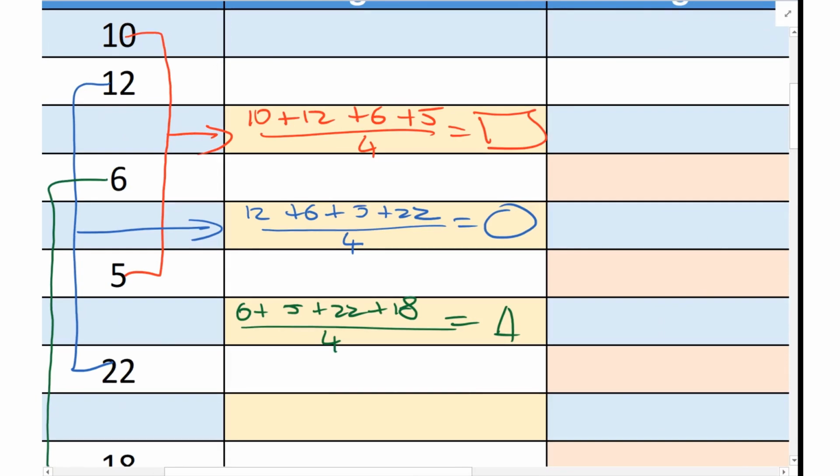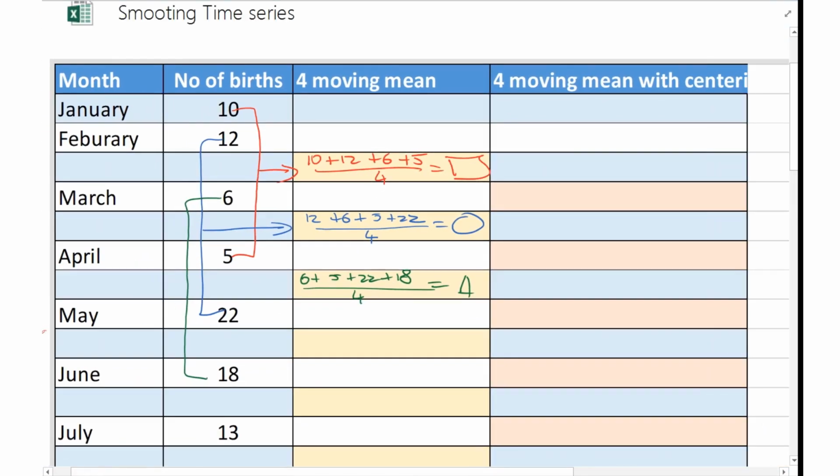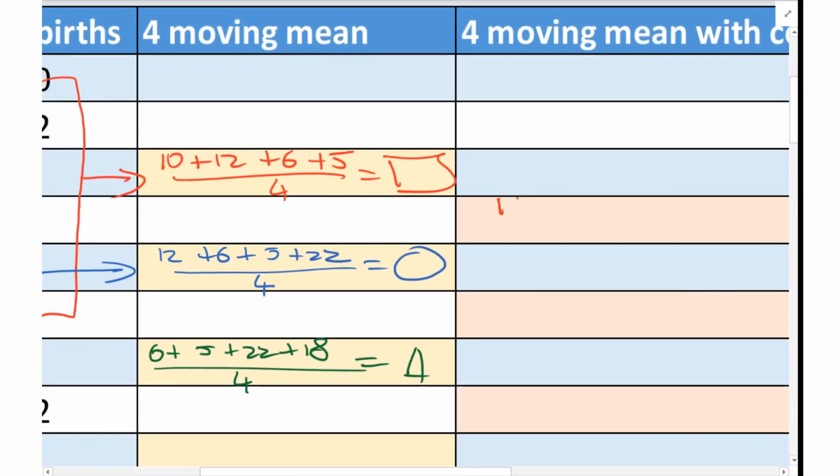The reason I've drawn shapes is that I'll show you the actual data in a moment. So what I'm going to get here is whatever I get for that section there, plus whatever I got there. I'm going to divide that by 2, and that gives me my value there.